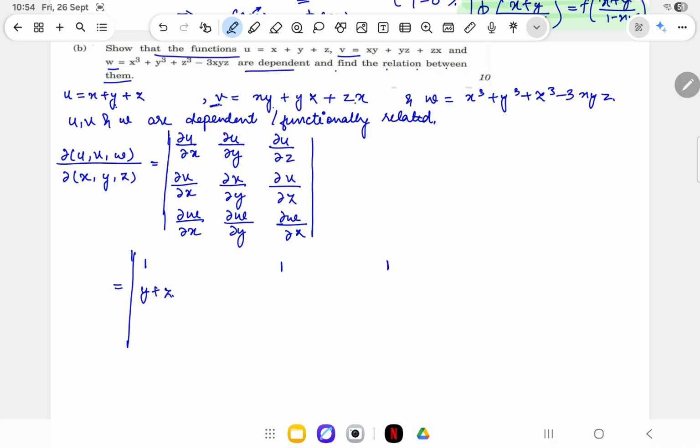Likewise, if you take its partial derivative with respect to y, it will be x plus z, and if you take it with respect to z, it will be y plus x.